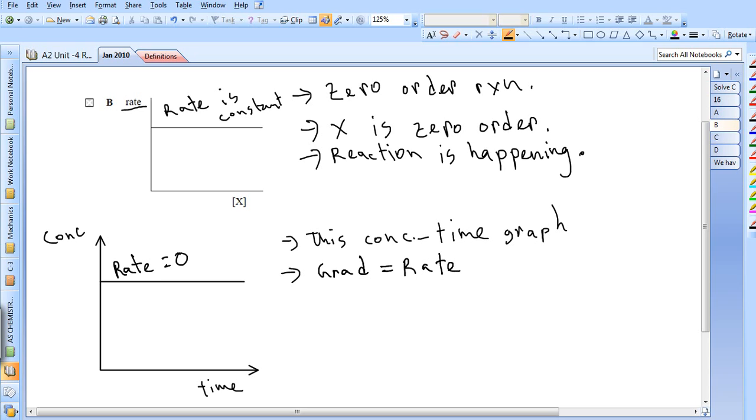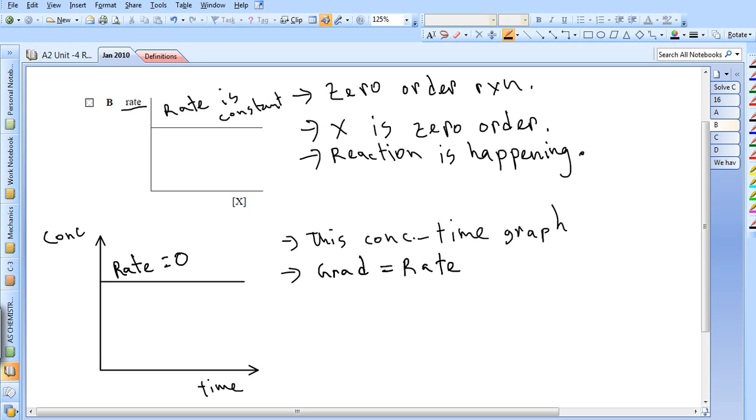Let us compare this graph with the other graph. In there the rate is constant, but in here the rate is 0 since the gradient over here is rate. Since the gradient is 0 over here, the rate is also 0.